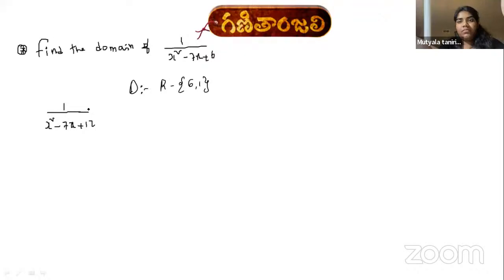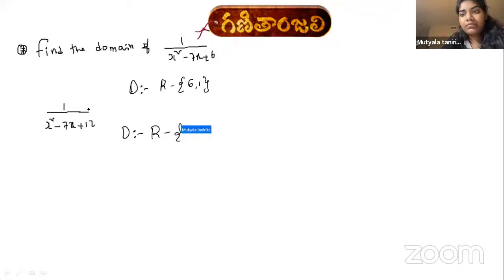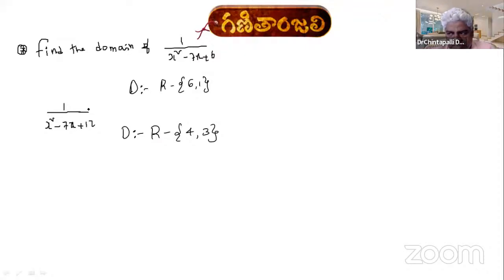So the domain equals R minus {3, 4}, so that's the answer. Yeah, very good. So I think without telling anything, you can answer this question.